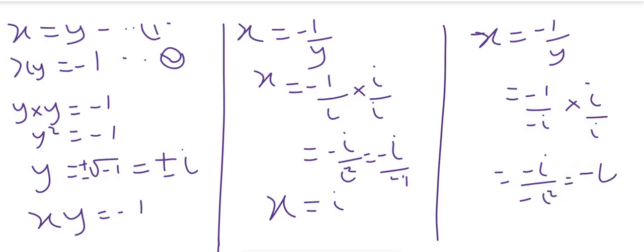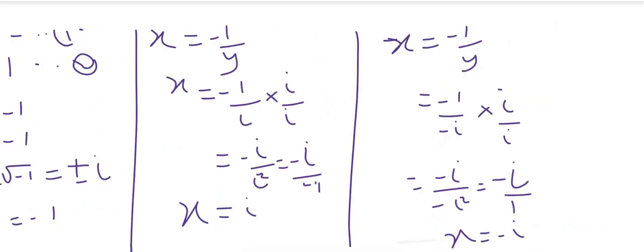This is minus I over 1. This is minus I also. So x is also minus I. So I've gotten another two values of x and y.